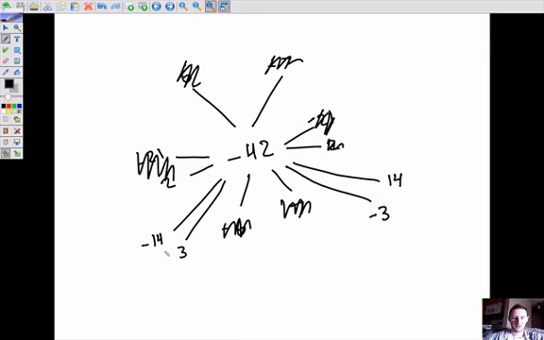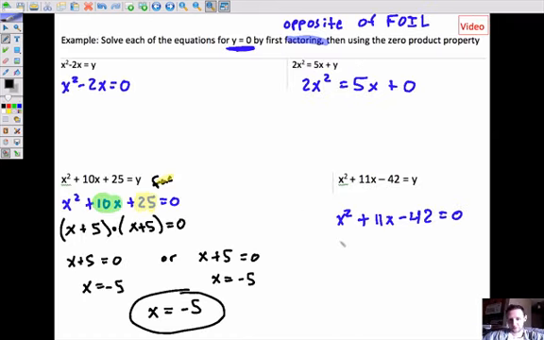That one won't either. This gives me a negative 11. This gives me a positive 11. So my factors are going to be 14 and negative 3. So I'm going to get x plus 14, x minus 3 because it was a negative 3.